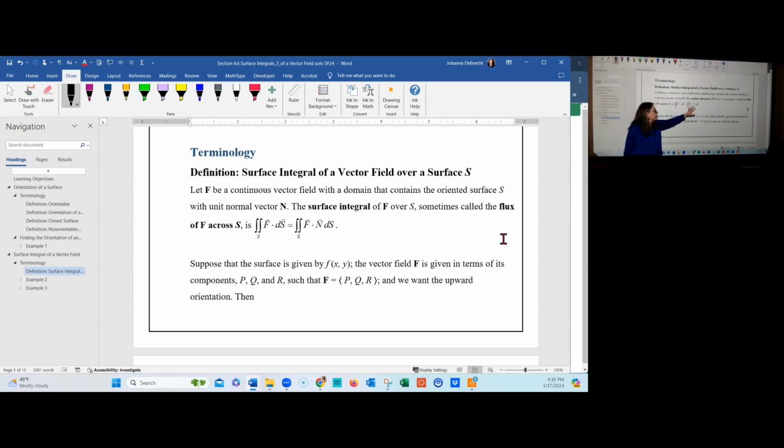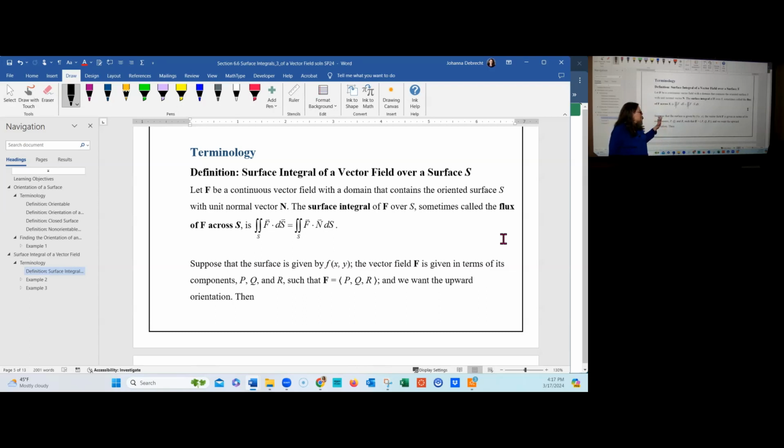This is the same as F dot the unit normal vector with, again, the surface integral differential, but without the vector on it. Note that dS with the bar over it is equal to the normal vector times the surface differential.